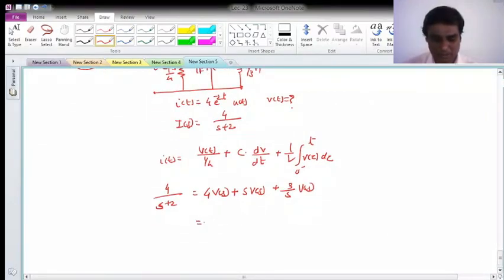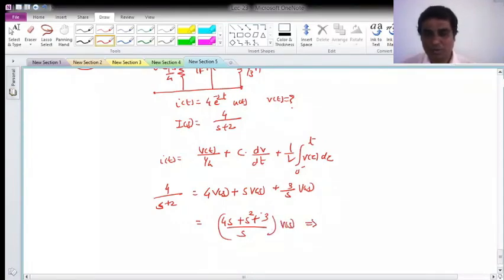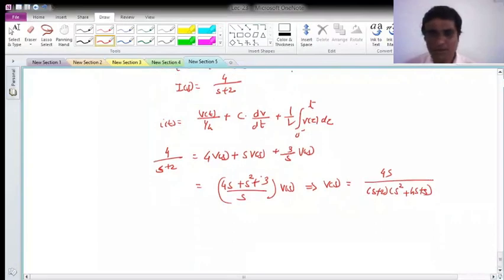So this I can write as 4 plus s plus 3 over s, that is s square plus 4s plus 3 over s, into V of s. So now V of s will be 4s upon s plus 2 and s square plus 4s plus 3, and then I will find out the roots.